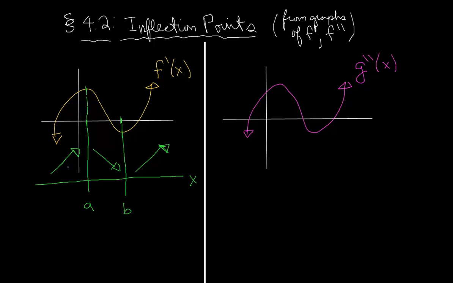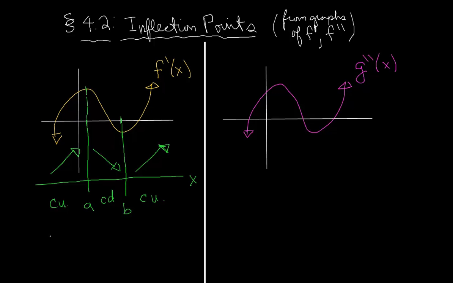So concavity is changing here because the first derivative is increasing. The concavity changes across the point A because the derivative goes from increasing to decreasing. On the other hand, the concavity again changes across the point B because the first derivative is decreasing and then increasing after that. And so you see we have concave up, so I'll just call that Cu, and it changes to concave down when we're here, and then it changes to concave up again.